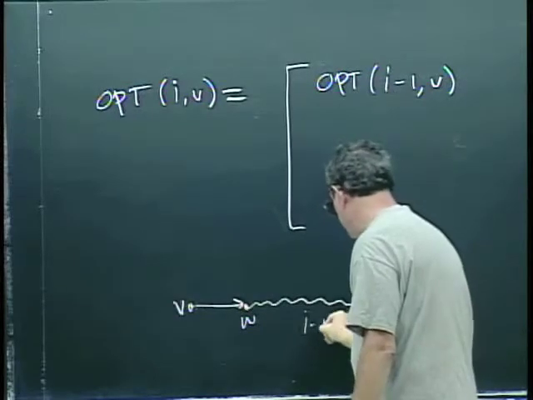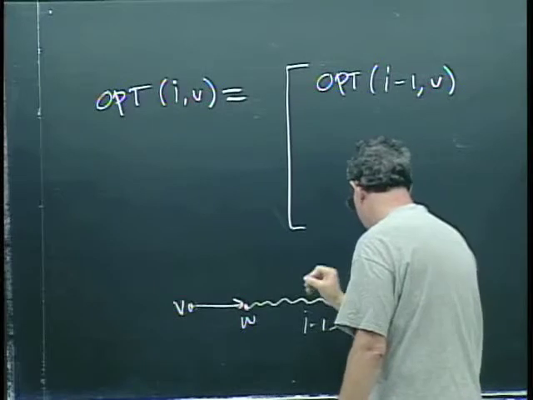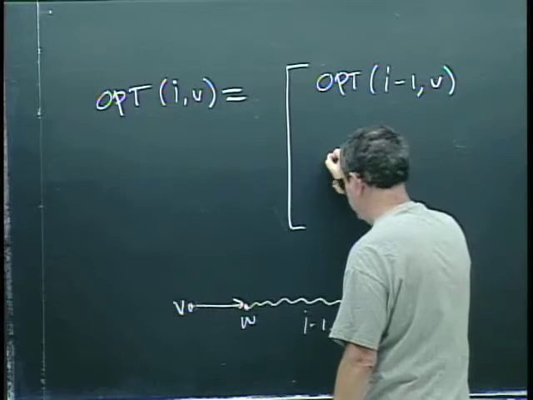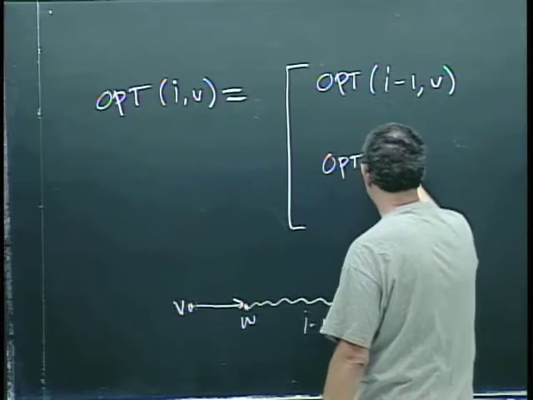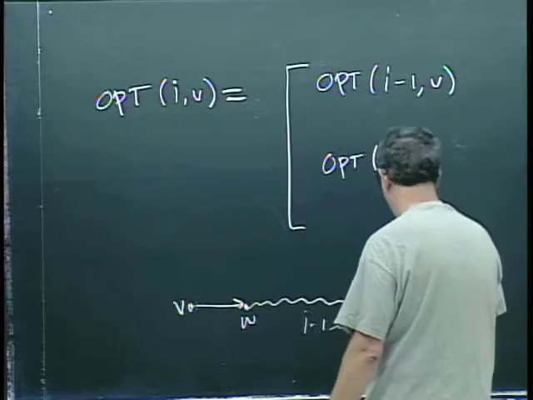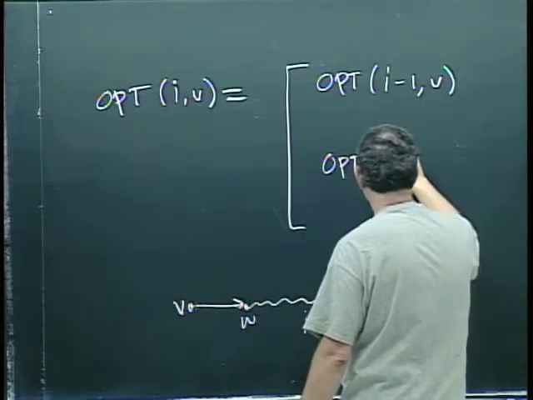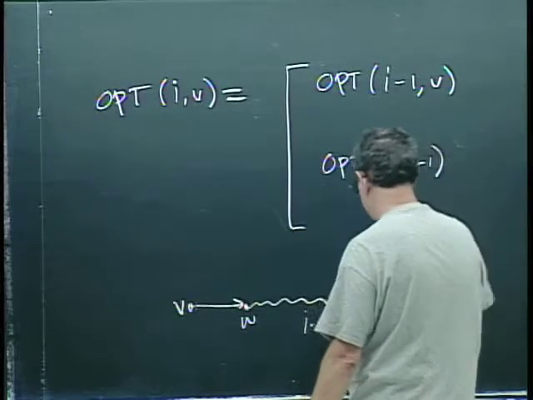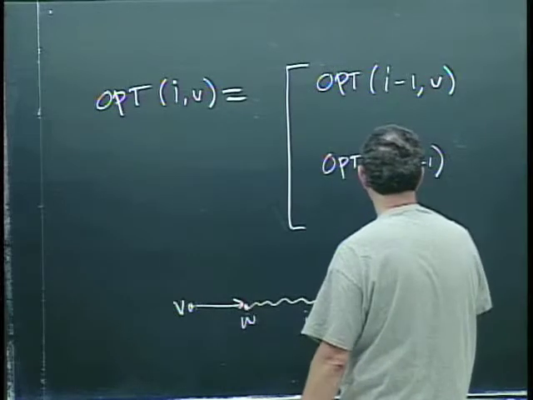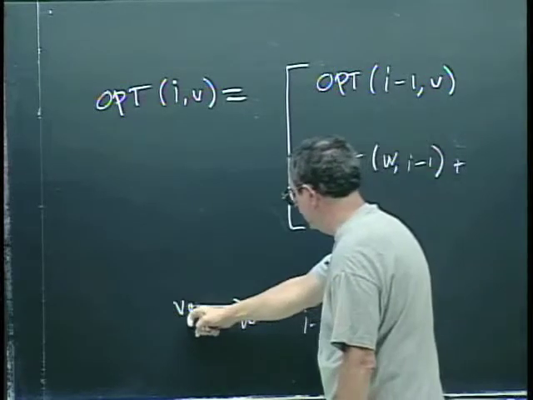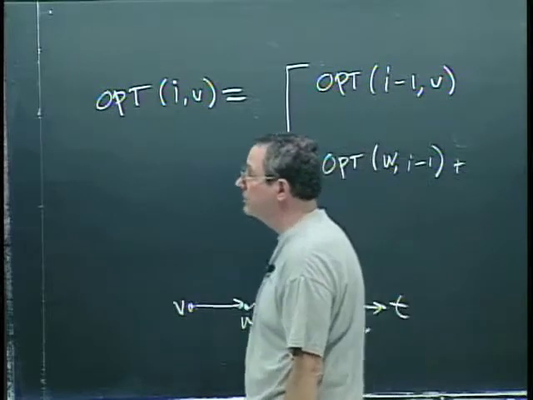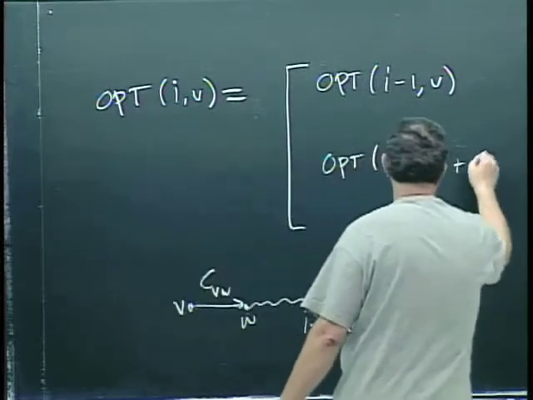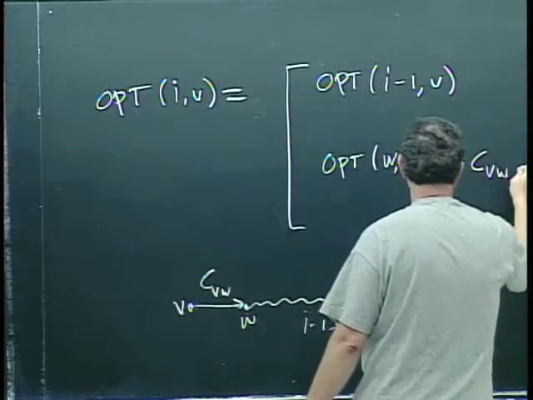So we have to include opt, w, i minus 1. That's what's going from w to t, plus the weight of this edge from v to w. Now, I don't think I gave you notation. In the book, this is c_vw, the cost of the edge vw.